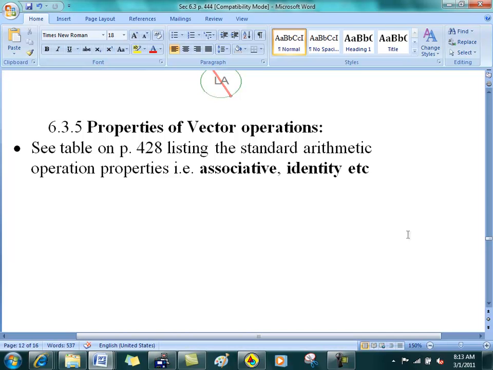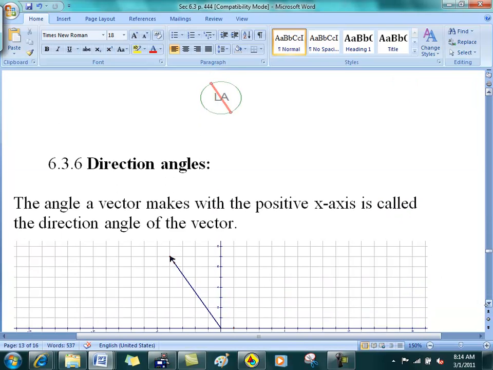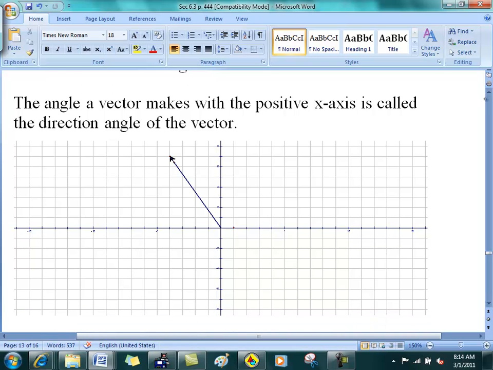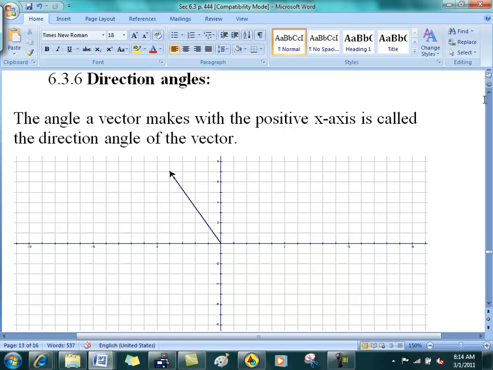All right. Next concept. Okay, direction angles. So this is what I told you. We're going to talk about how we talk about the direction of a vector. So there is the definition there, okay?